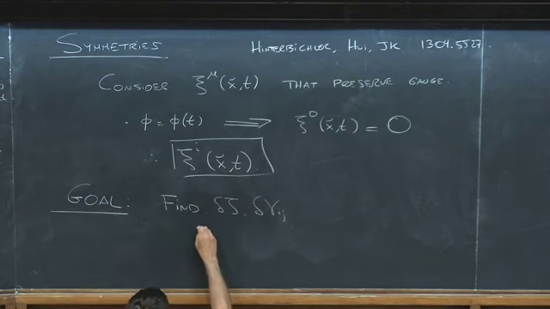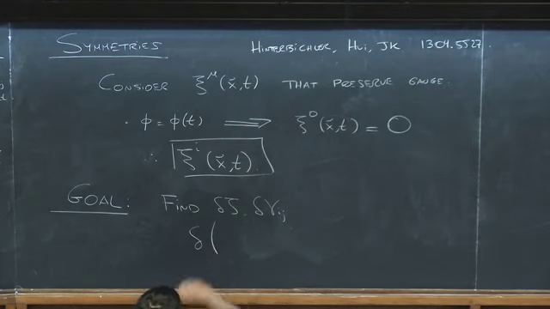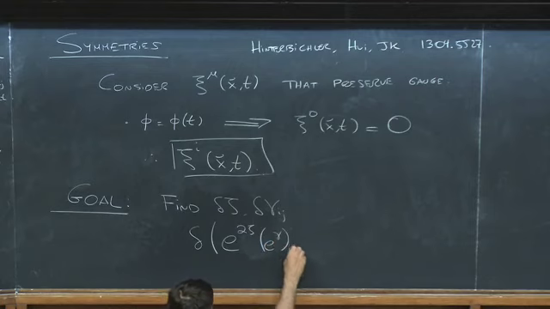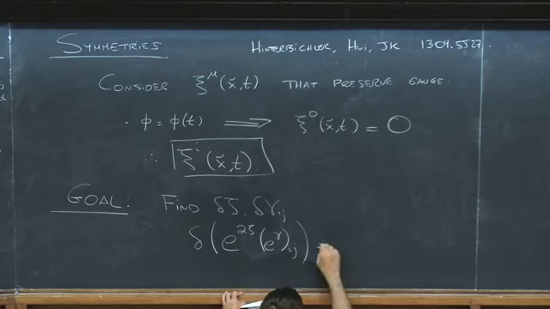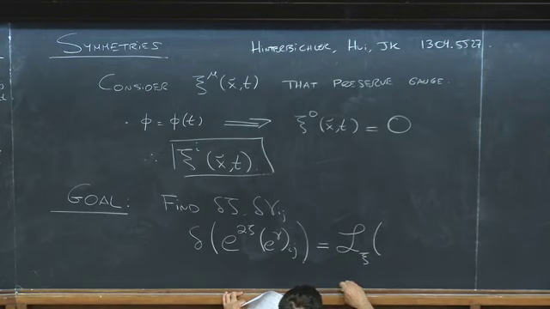So in other words, what we want to do is identify some field variation of this spatial metric, which we wrote down. We want this to be a Lie derivative with respect to xi of the metric.